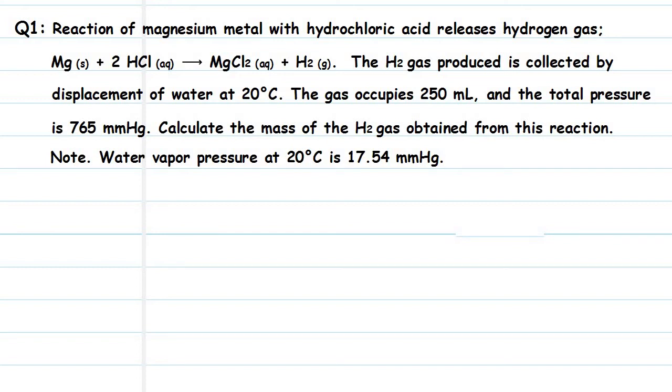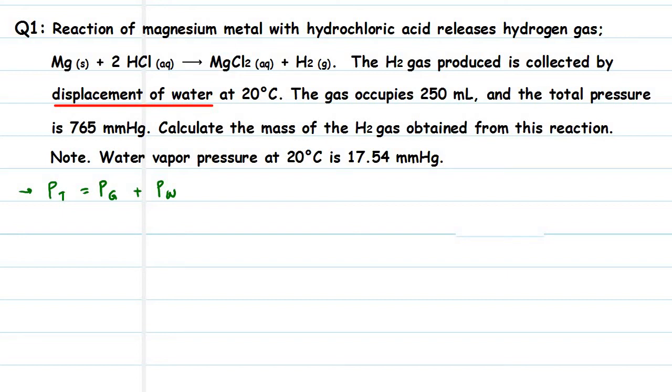Calculate the mass of the hydrogen gas obtained from this reaction. If you notice displacement of water by gas or collecting gas over water, it is most likely that we're going to be using P total equals pressure of gas plus pressure of water.